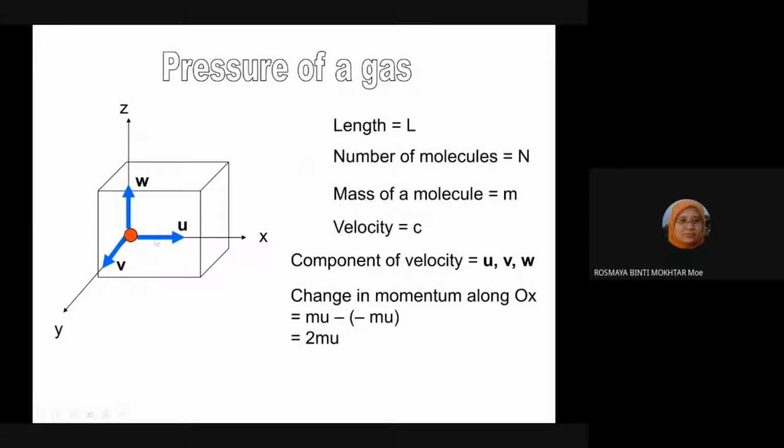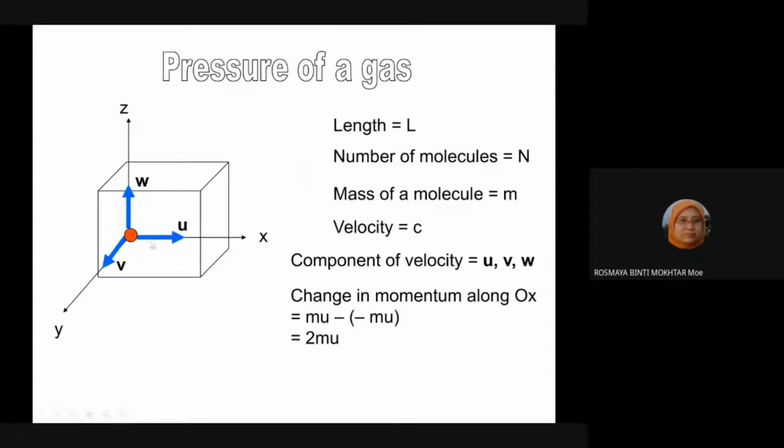Mass times u towards x, and then oppositely negative u, so it becomes negative mu. So the change in momentum along x will be 2mu. We take the magnitude 2mu because the motion is actually in any direction, so we just choose these three components only.